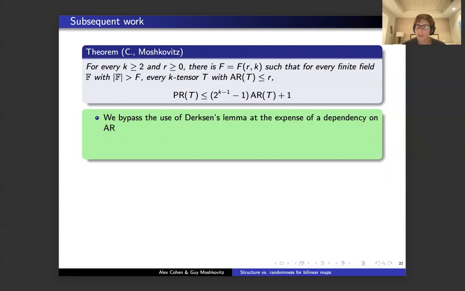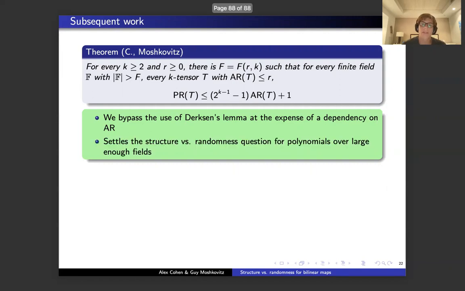The key thing here is we bypass this use of Dirksen's lemma about the fields, at the expense of a dependency of the field size on the analytic rank. So this theorem requires having a large field, where the size of the field depends on the analytic rank of the tensor. This theorem settles the structure versus randomness question for polynomials over large enough fields.